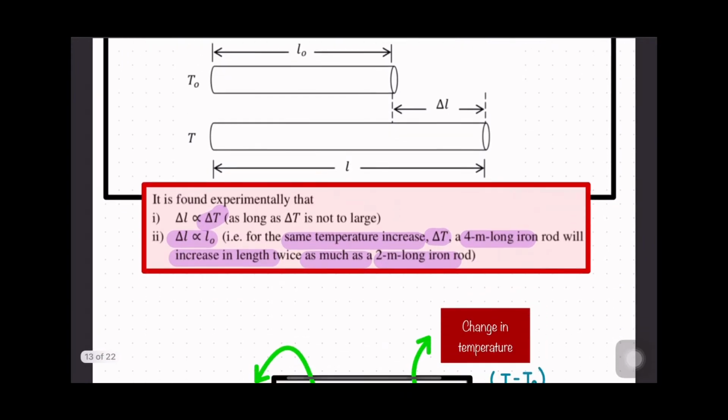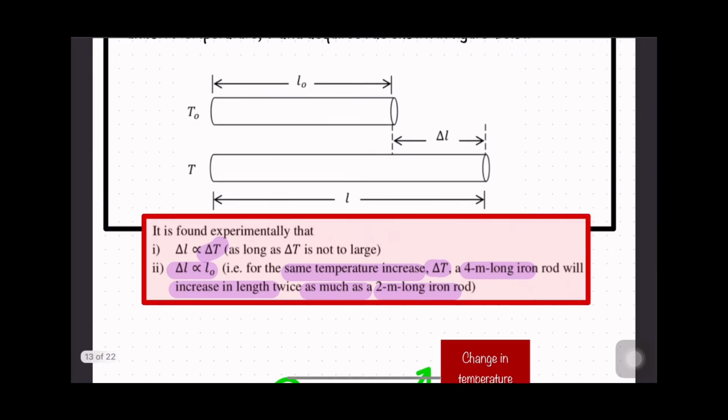Okay, so it is found experimentally that delta L is directly proportional to the change of T, as long as delta T is not too large. Usually the difference is not much. And then as you can see here also, the change in length delta L is directly proportional to L0, for the same temperature increase, meaning the same change of T. So it says a 4 meter long iron rod will increase in length twice as much as a 2 meter long iron rod.